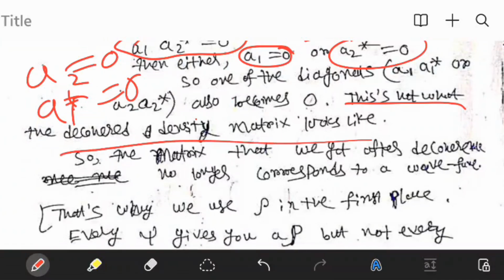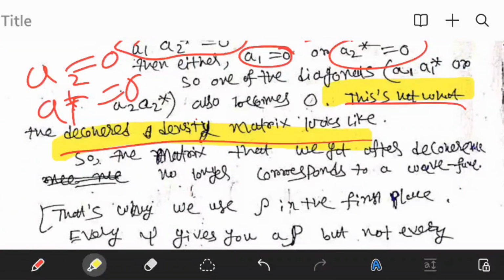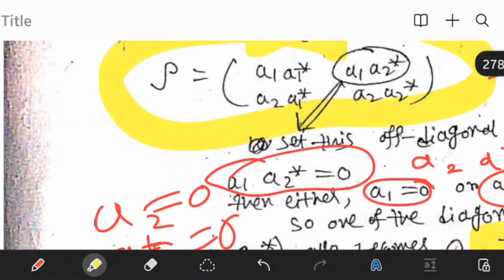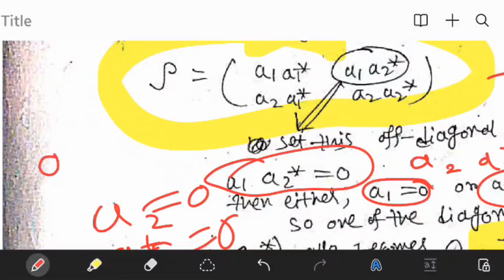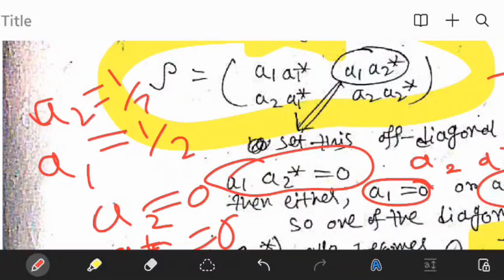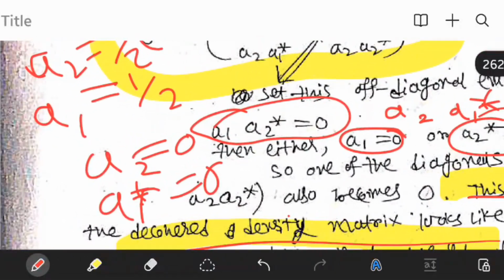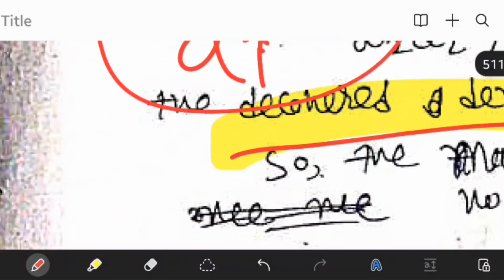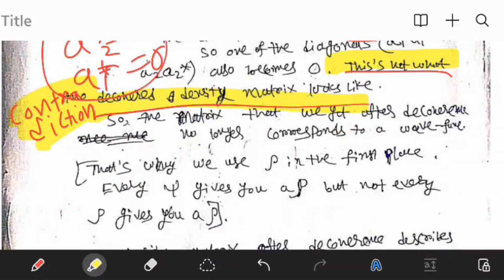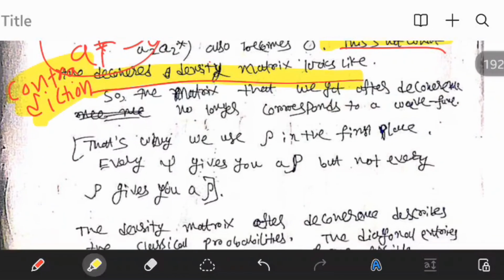And it is the decohered energy density matrix, because we had already told you A1 is a half and A2 is 1/2 e^(iθ). So we end up with a contradiction. So we are no longer talking about a genuine wave function.